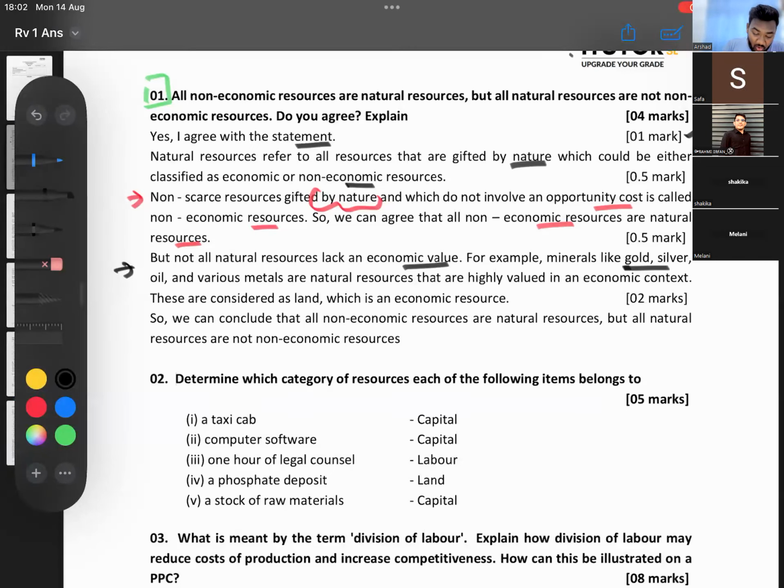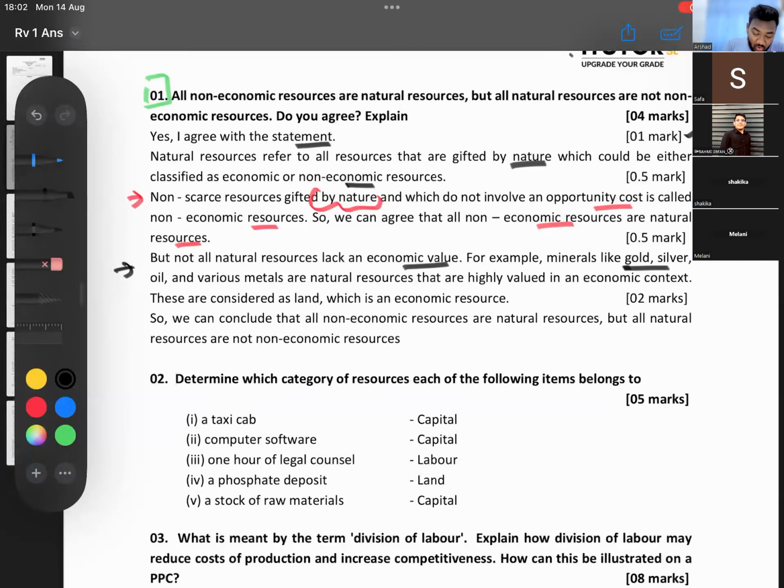Productivity increases. People become faster. You can produce more and more. So therefore, PPC shifts to the right. It's outwards. So this part also you all know. 2 marks part you all know. You know what is division of labor. You know how this can be illustrated on the PPC.